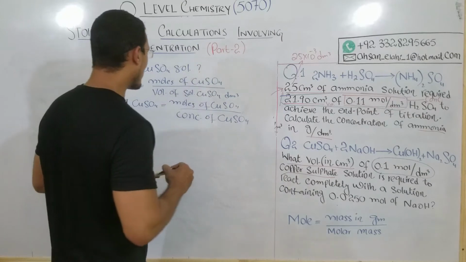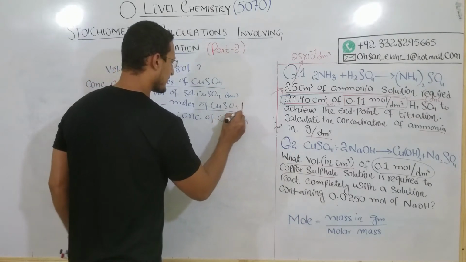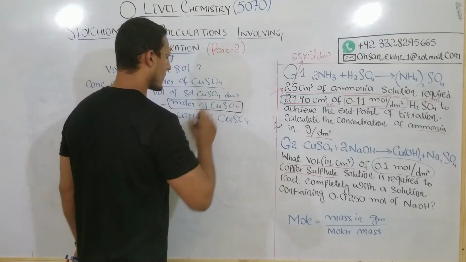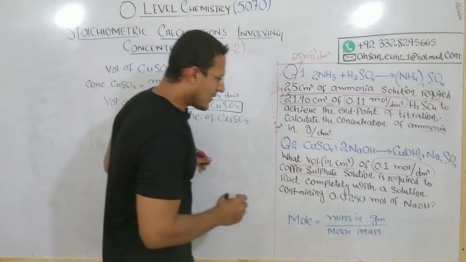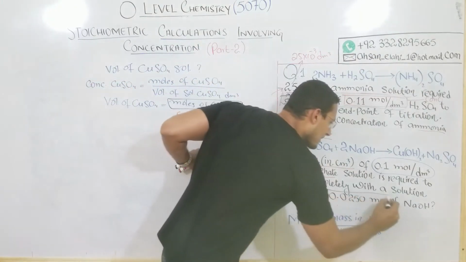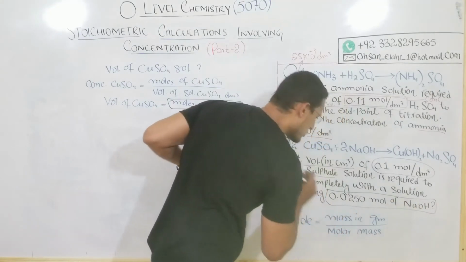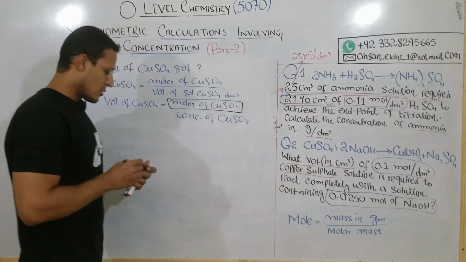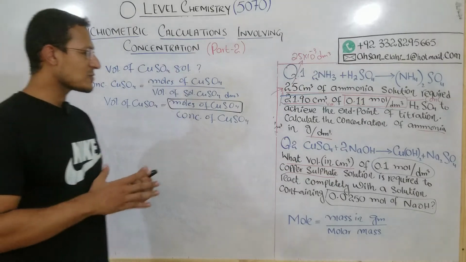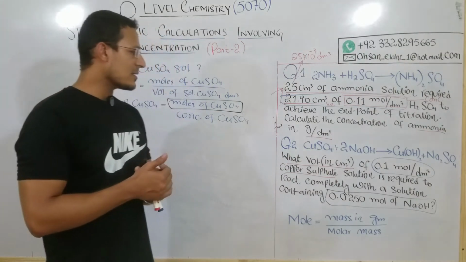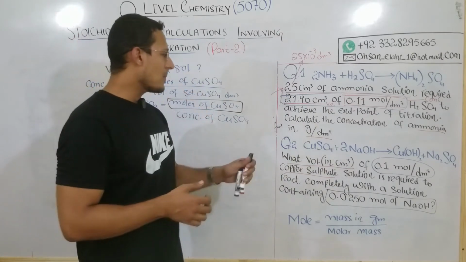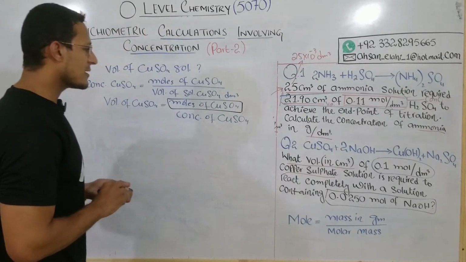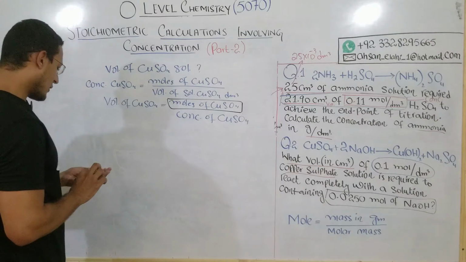So we have to find the moles of copper sulfate. Also we have moles of sodium hydroxide. So students, we have moles of sodium hydroxide and we have to find the moles of copper sulfate by using the method of stoichiometric calculations, which we already studied.